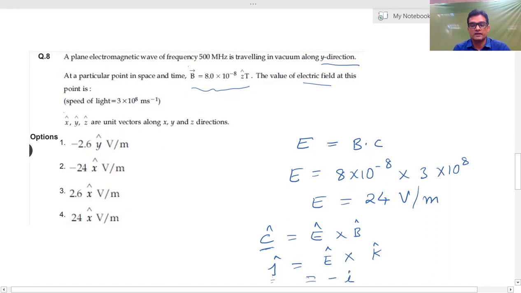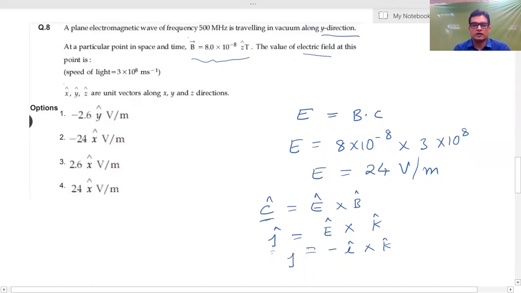So this will be minus i cap cross k cap. You can do it by the right hand thumb rule, and this comes out to be j cap. So minus i cross k is pointing in the positive direction. So the answer will be option 2. The electric field will be in the negative x direction.